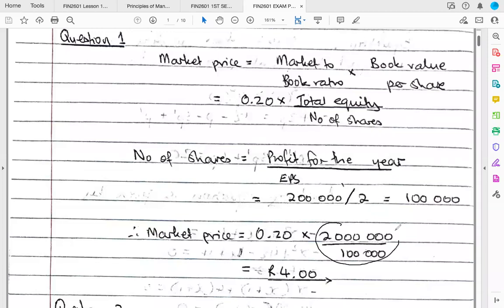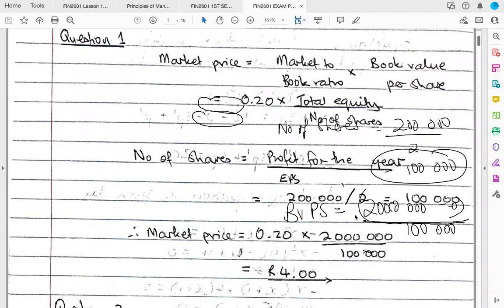This calculation right here is actually giving us the book value per share, which will be 20. And then this book value per share of 20, we multiply by the market to book ratio, and then we get the market price of the share. Okay.